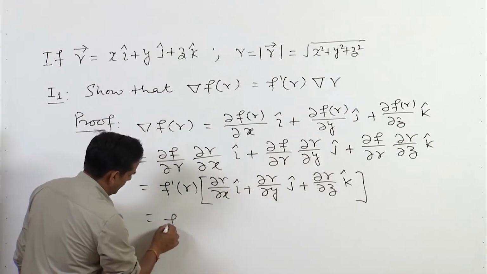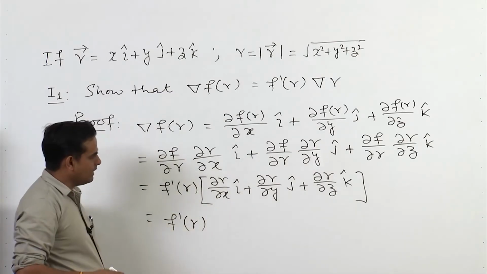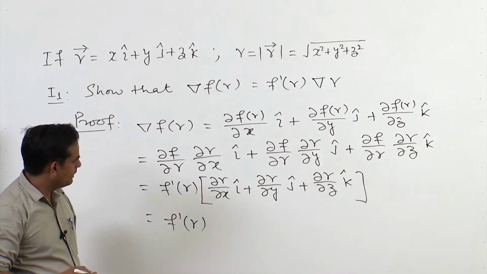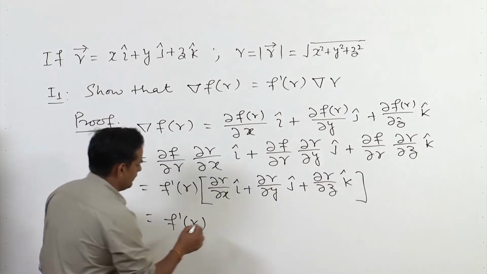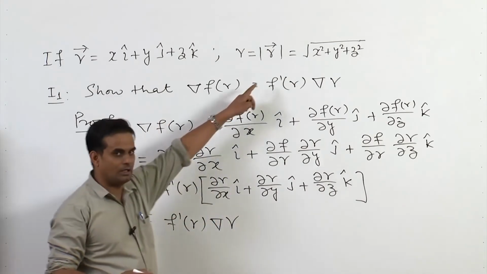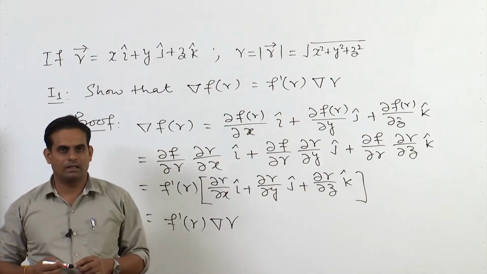So this will be f dash r, and the term in square brackets is nothing but the gradient of r, and this is what we needed to prove in this identity.